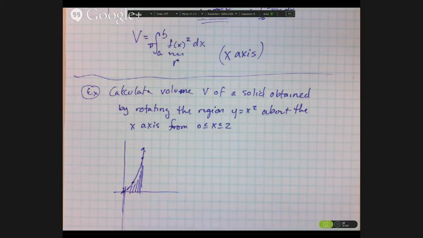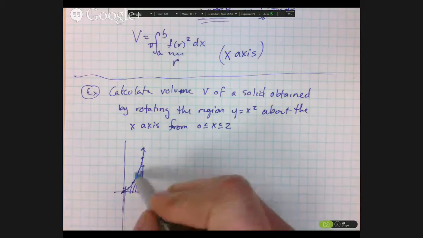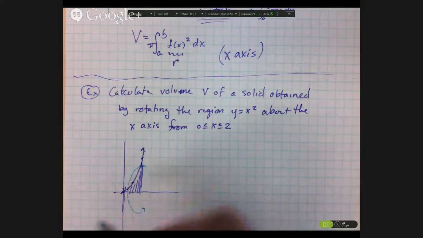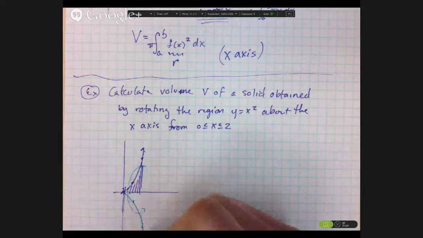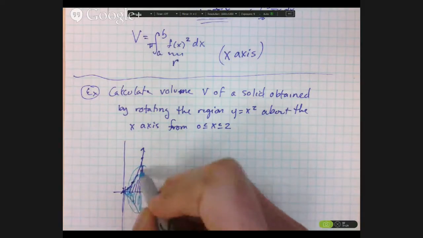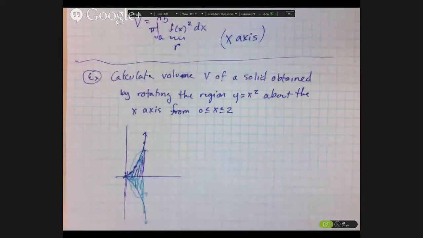So that's x squared from 0 to 2, right? And I want to rotate it around the x-axis. What's it going to actually look like? Your book has a lot better pictures than I draw, but it's kind of a cone or a funnel. It creates a cone or a funnel shape.